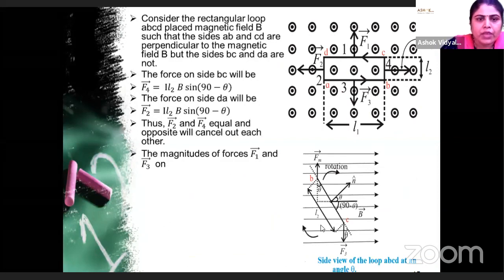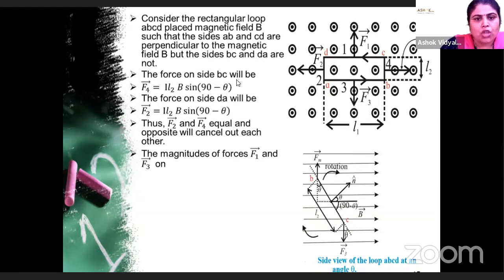Here again we are going to see this diagram. Consider the rectangular loop ABCD placed in magnetic field B such that the sides AB and CD are perpendicular to the field. Now see in the diagram, the sides AB and CD are perpendicular to the magnetic field B bar, but the sides BC and DA are not.